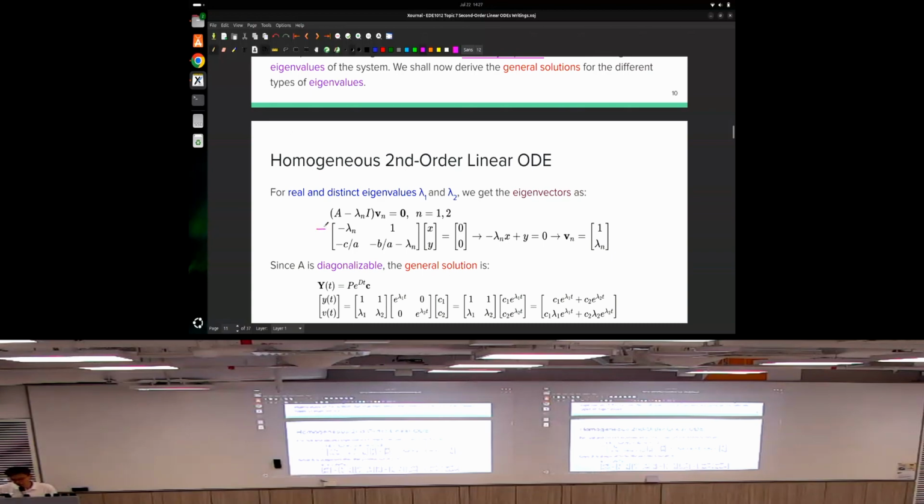So if you solve from the first equation, you get this expression: minus lambda n times x plus 1 times y equals 0, which is here.